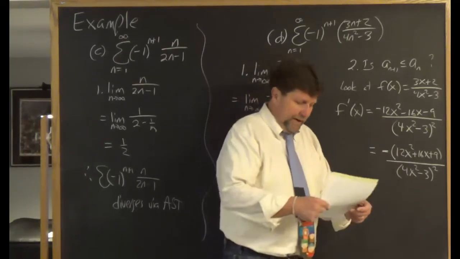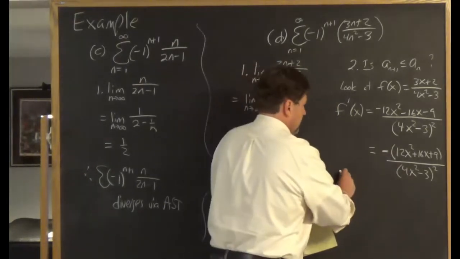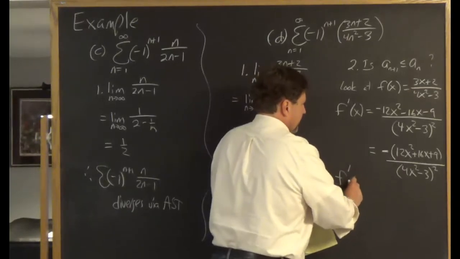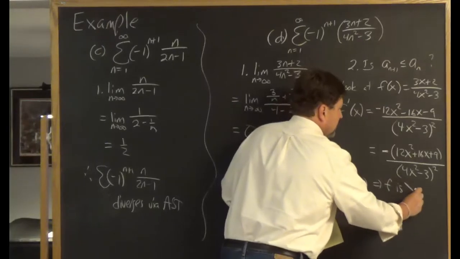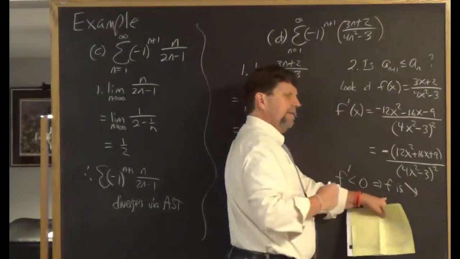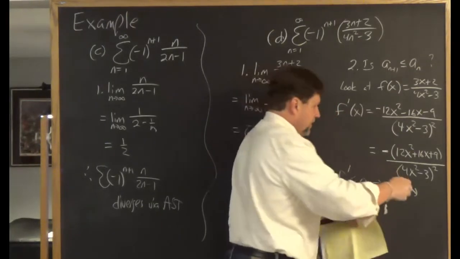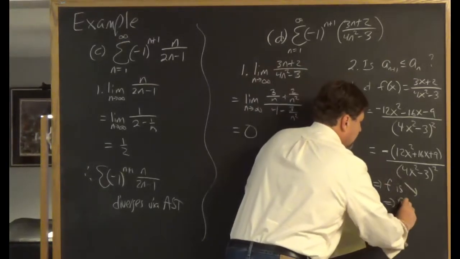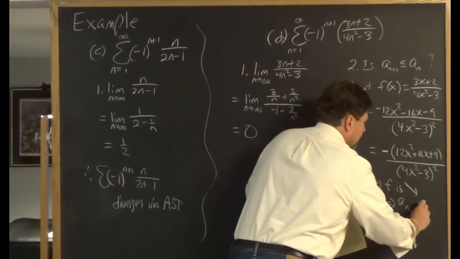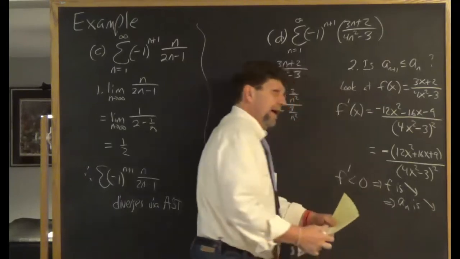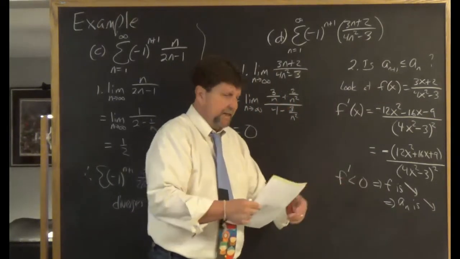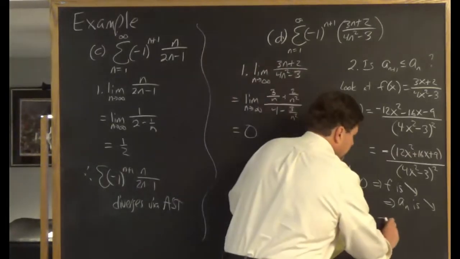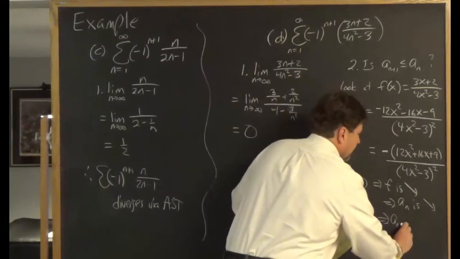So on the interval 1 to infinity, the derivative is always negative. That tells you the function is always decreasing. Because the function of the reals is always decreasing, that tells us a sub n is monotonic. It's decreasing as well. And if a sub n is decreasing, that tells you, oh, this is a lot of fun.